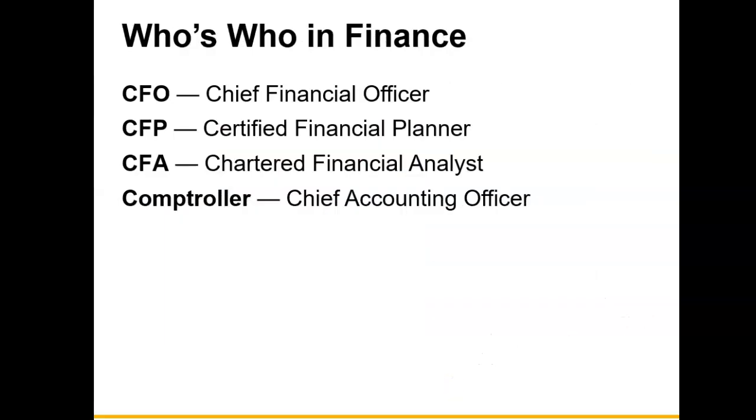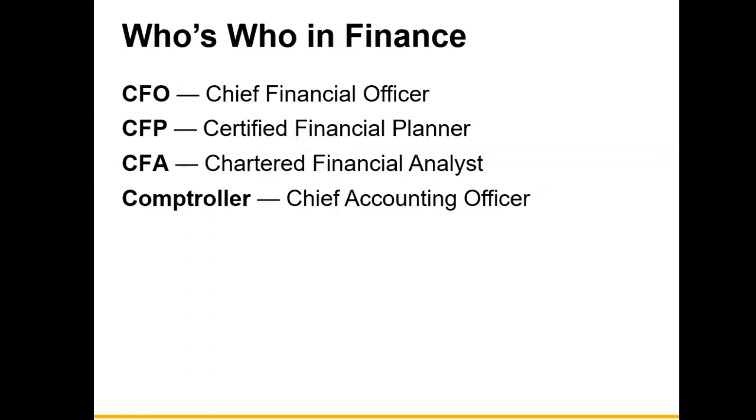So who's who when it comes to finance? First, you have the CFO, known as the Chief Financial Officer. This person typically is going to oversee the entire finance department. You may have a CFP, Certified Financial Planner. This person is more for individuals.